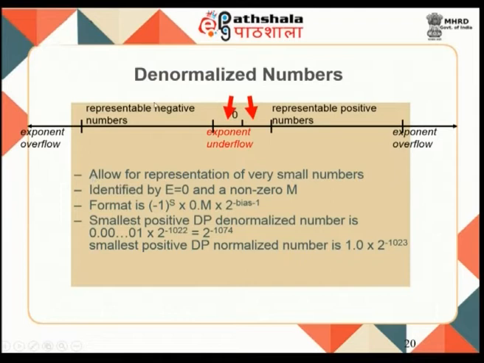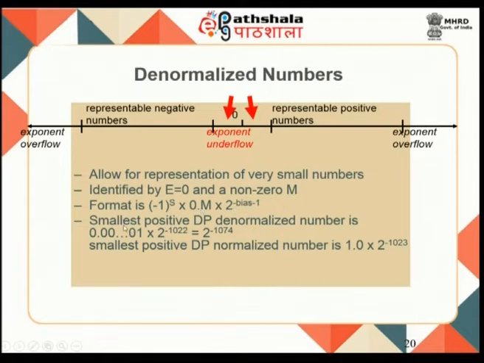This denormalization allows for representation of very small numbers. It is identified by the exponent value being equal to 0 and having a non-zero mantissa part. So, the format is minus 1 power s into 0.m into 2 power minus bias minus 1.